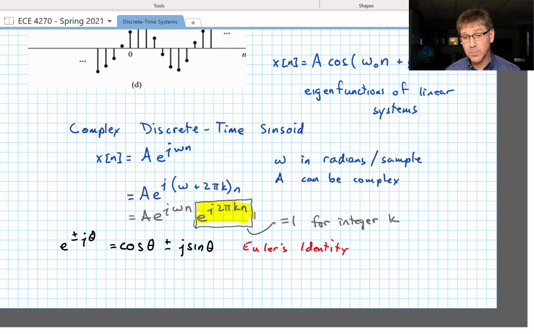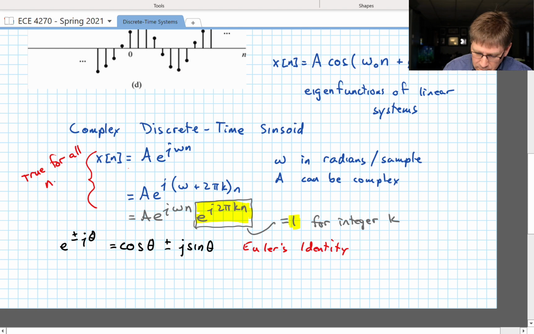Cosine of 4 pi is 1, and so on and so forth. Whereas a sine of 2 pi, or any multiple of 2 pi, is going to be 0. So indeed, using Euler's identity, we can see that that's equal to 1. And therefore, this equivalence is true for all n.